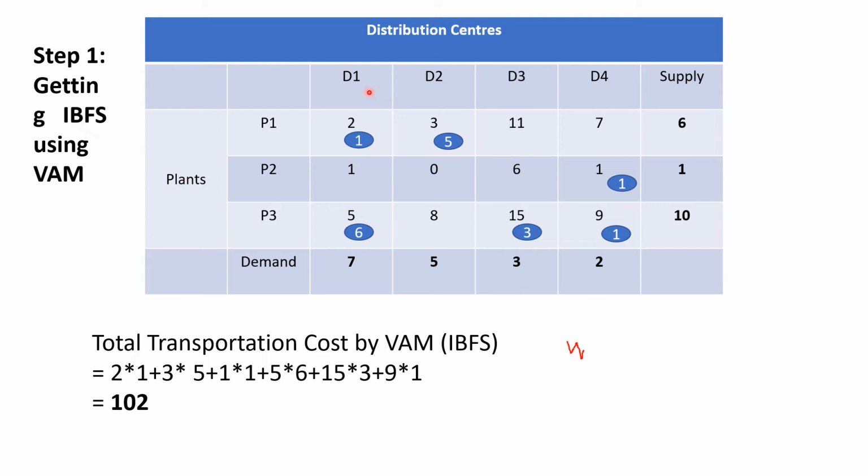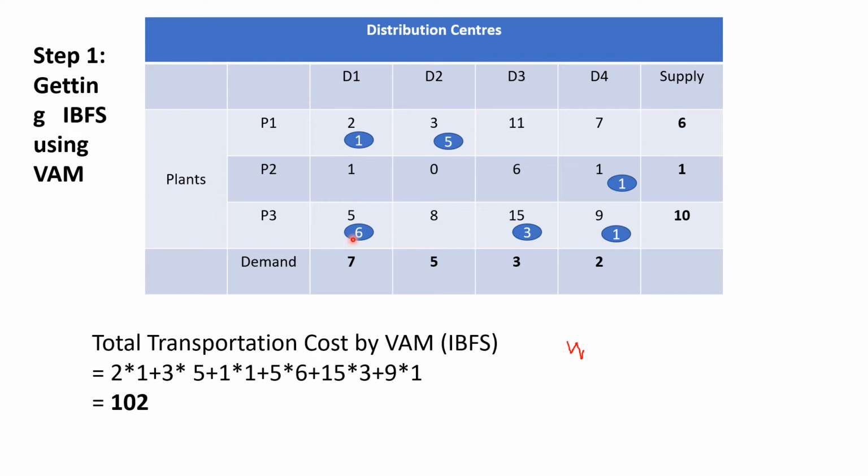That means small n is 4. So m plus n minus 1 is 3 plus 4 minus 1, that is 6. How many allocated cells do we have? 1, 2, 3, 4, 5, 6. So the number of allocated cells equals m plus n minus 1, and hence it is a non-degenerate solution, right?